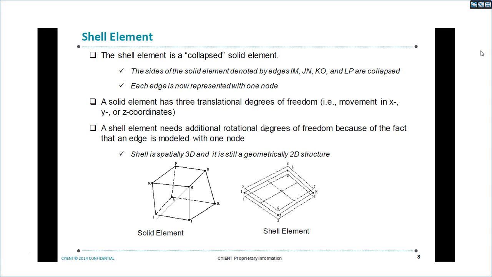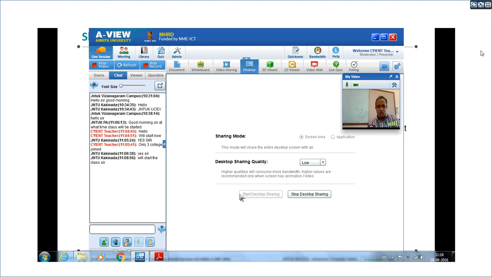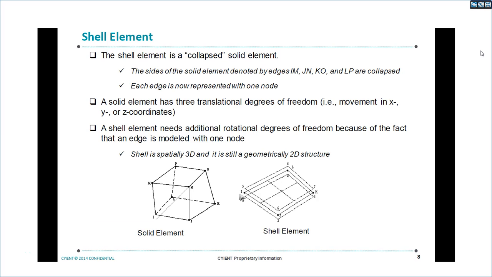A solid element has 3 translation degrees of freedom, that is X, Y, Z. Whereas a shell element has 6 degrees of freedom, that is X, Y, Z, and rot X, rot Y, rot Z. If you take one node, it will have 6 degrees of freedom: X, Y, Z and 3 rotations.